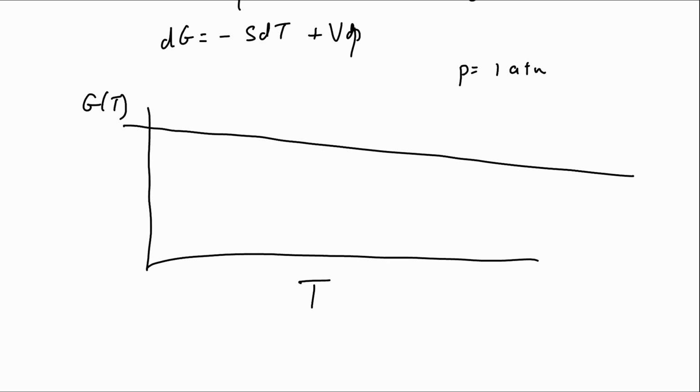And so the question is, what phase of matter am I talking about? We're getting into these phase transitions. So the slopes are equal to minus the entropy, right? And so I have 3 possibilities. I can have a solid, a liquid, or a vapor, which we could call a gas.